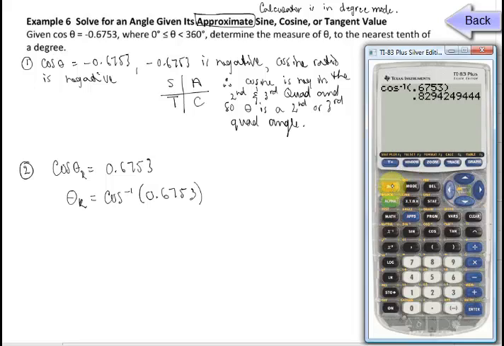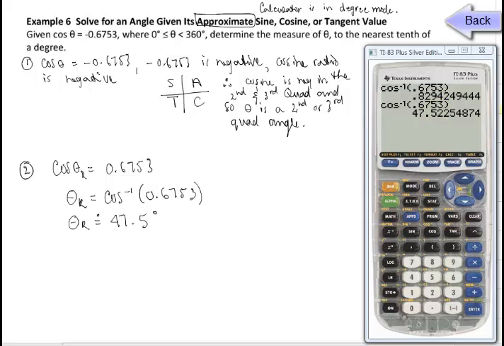Alright, let's try that again. Alright, second cos 0.6753. Enter. Okay, there we go. That's better because this looks like an angle measurement, whereas this one looked kind of too small. Okay, so that means that our reference angle to the nearest tenth of a degree is 47.5 degrees. And this is approximate, okay? Because we had to round that off, right? So it's not exact.